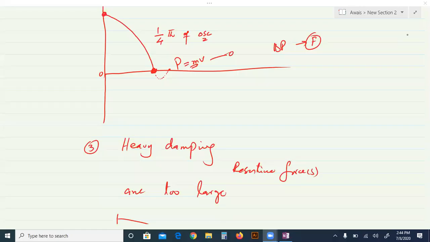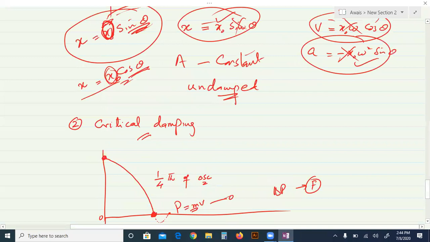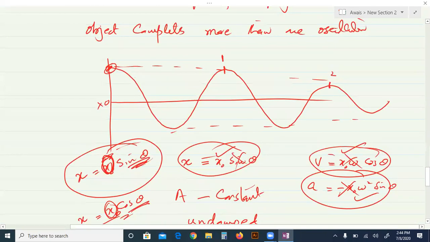Okay, in light damping, if the resistive force increases further, then the light damping increases. The time period will remain the same, but the amplitude decreases further gradually.